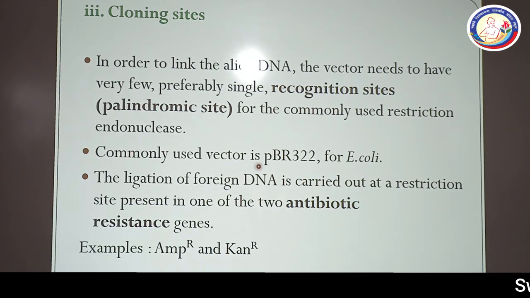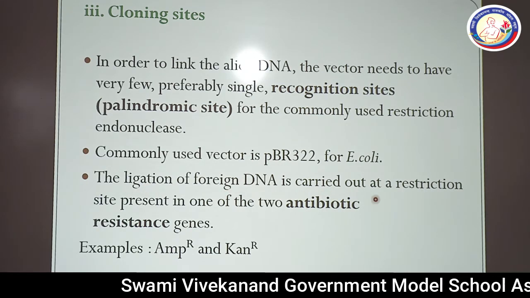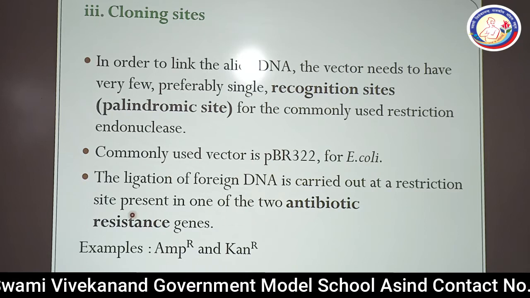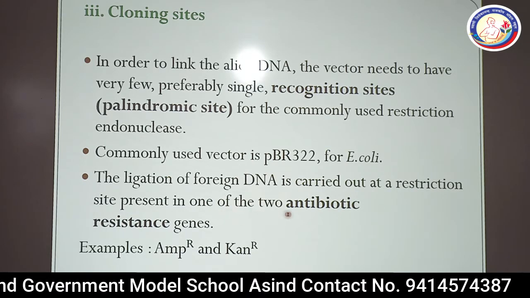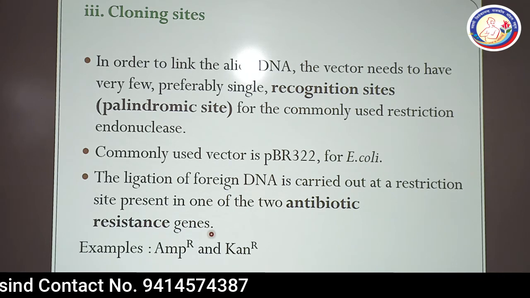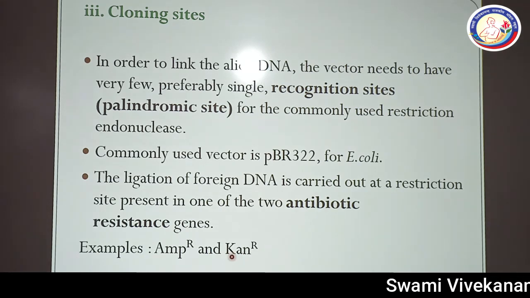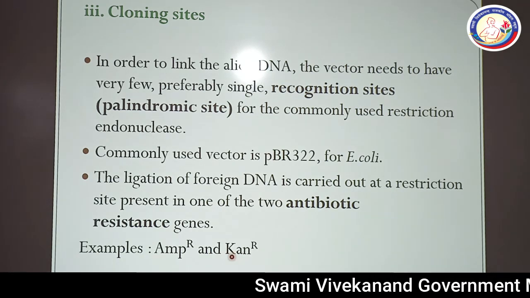A commonly used vector is pBR322 for E. coli. The ligation of foreign DNA is carried out at a restriction site present in one of the two antibiotic resistance genes. For example, we can use the ampicillin, kanamycin, tetracycline, or chloramphenicol resistance gene.